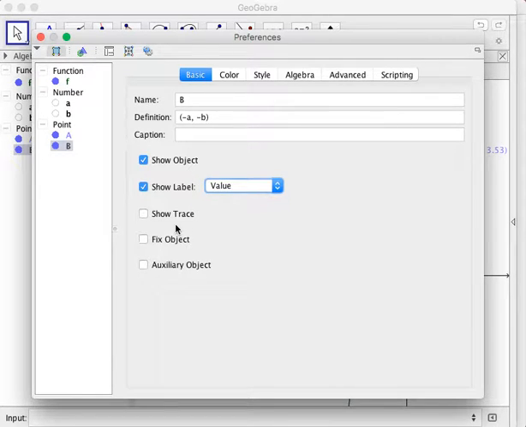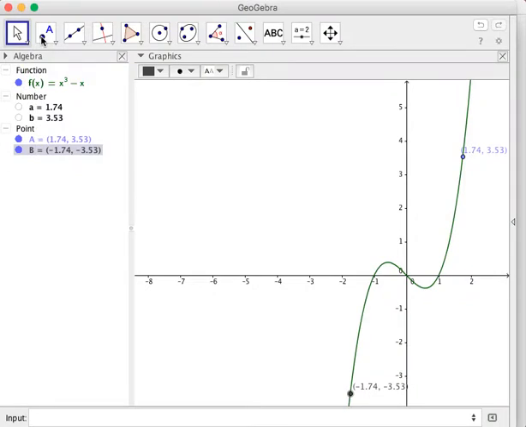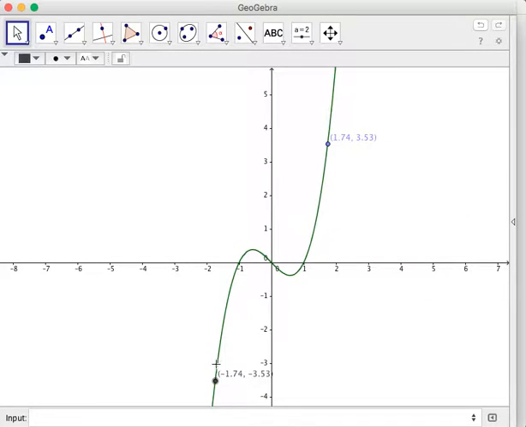Dapat nandun siya sa graph, diba? To show that this is indeed symmetric about the origin, dapat pag minove ko ito, hindi ito lalabas ng graph. Dapat dyan din siya sa graph, di ba? At yung coordinates niya, dapat negative siya nitong mga nandito. Okay? So, if I move this, look what happens, no? Okay? So, 1.38, negative 1.38. 1.25, negative 1.25.